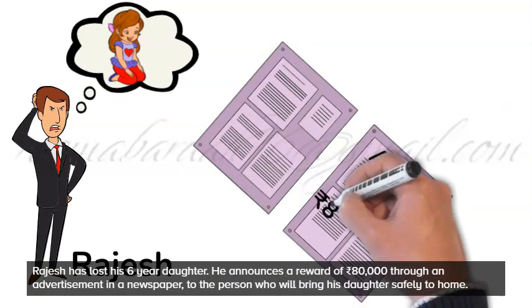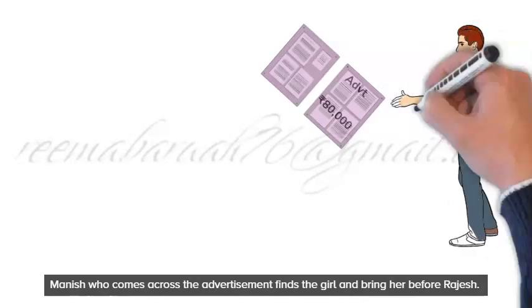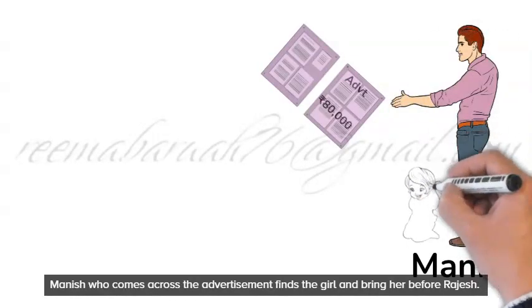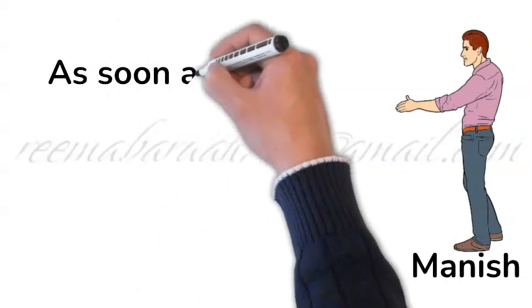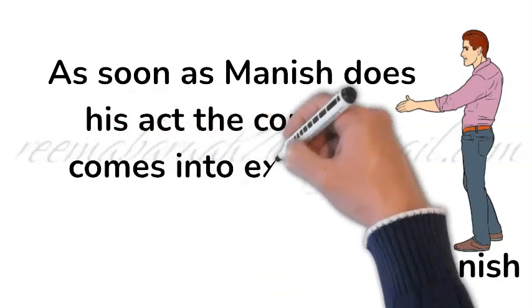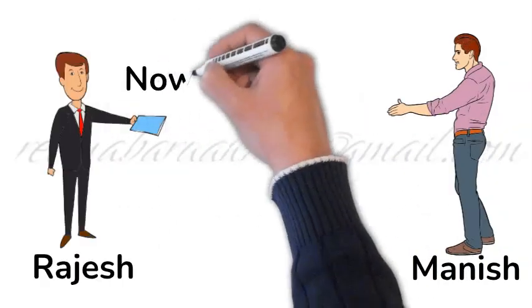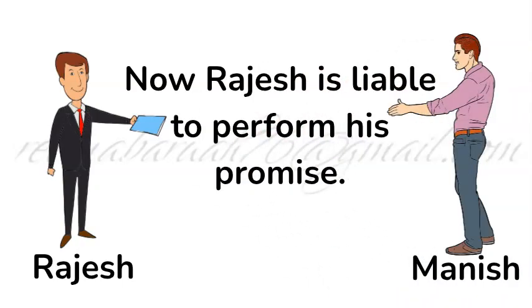He announces a reward of rupees 80,000 through an advertisement in a newspaper to the person who will bring his daughter safely home. Manish, who comes across the advertisement, finds the girl and brings her before Rajesh. As soon as Manish does his act, the contract comes into existence. Now, Rajesh is liable to perform his promise.